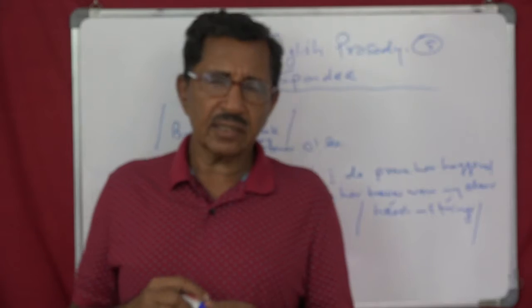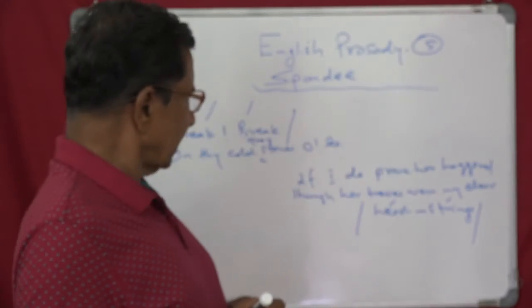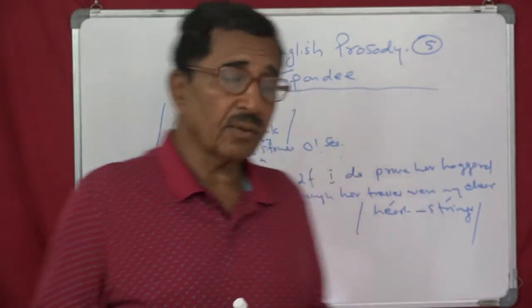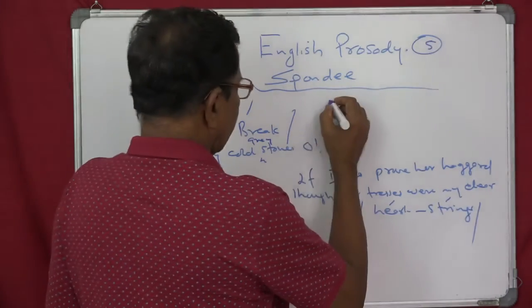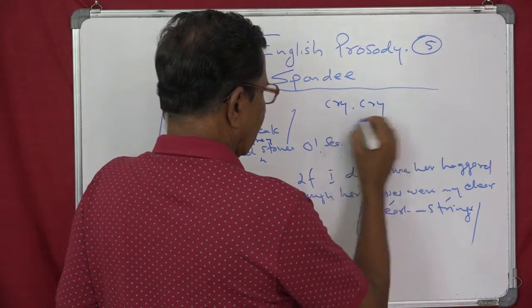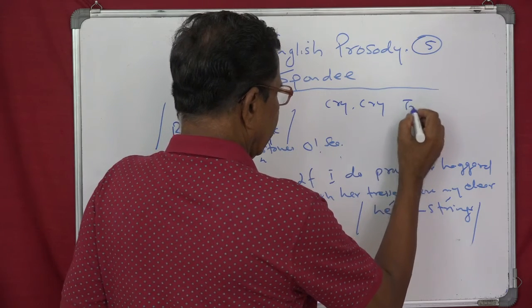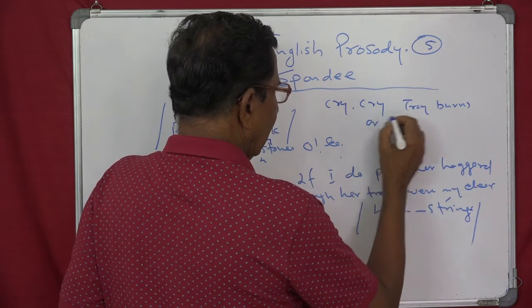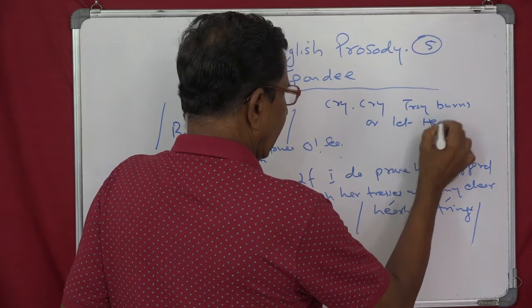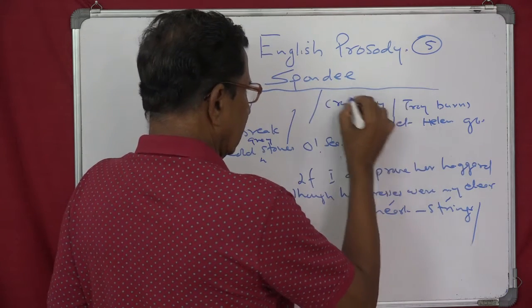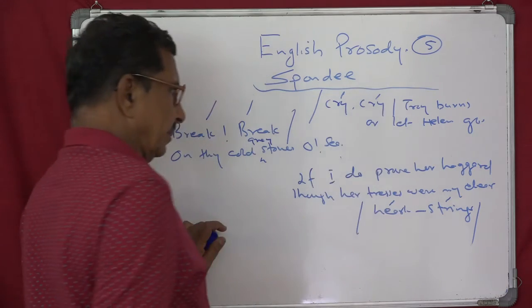Or in Troilus and Cressida, there's a famous line: "Cry, cry, Troy burns, or else let Helen go." So here this one is spondee.